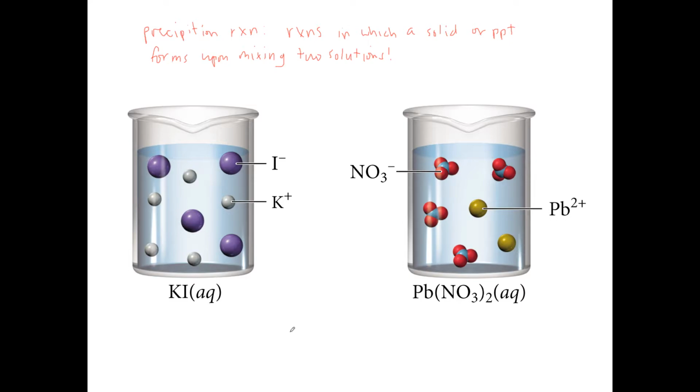So, do you see a solution here? Sure. This is a potassium iodide solution. Please pause the video and name this compound. Okay? I'm going to pretend that you did, and I am going to do what you should have done.